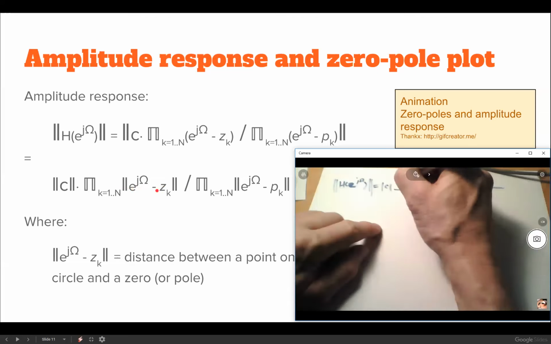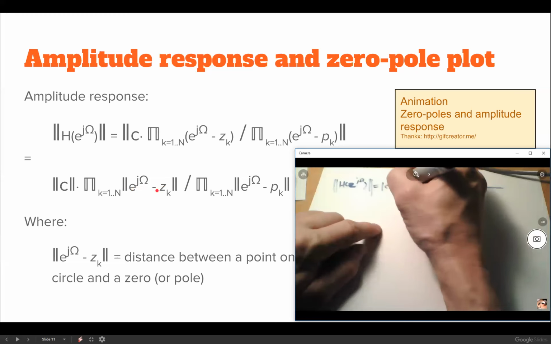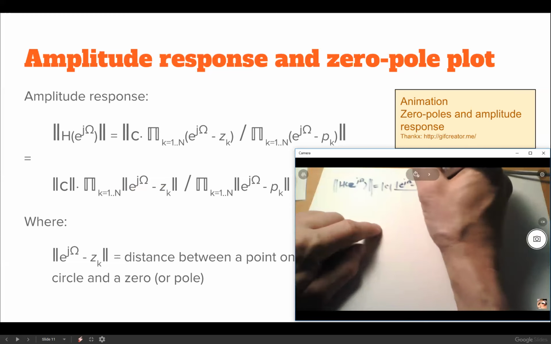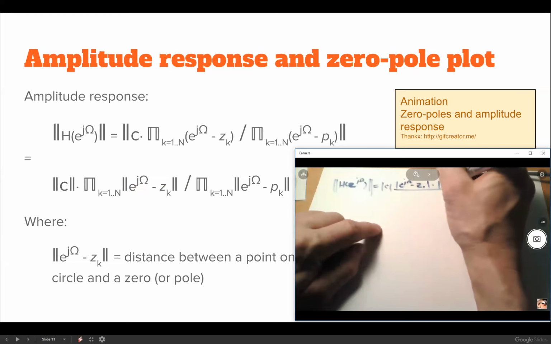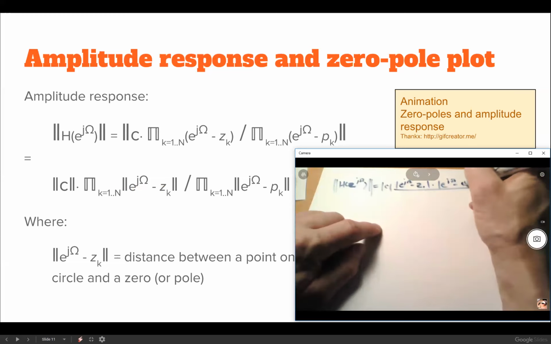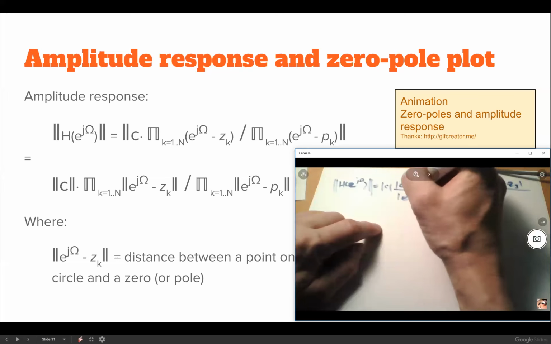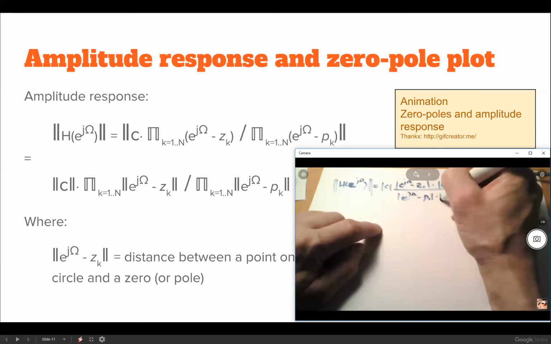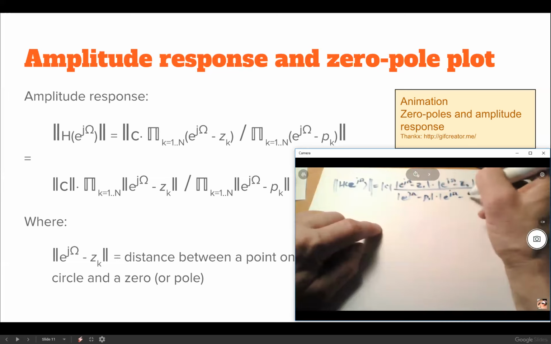So we have e to j omega minus z1, times e to j omega minus z2, times e to j omega minus z3, and then in the denominator we have the same thing but for poles, like that.